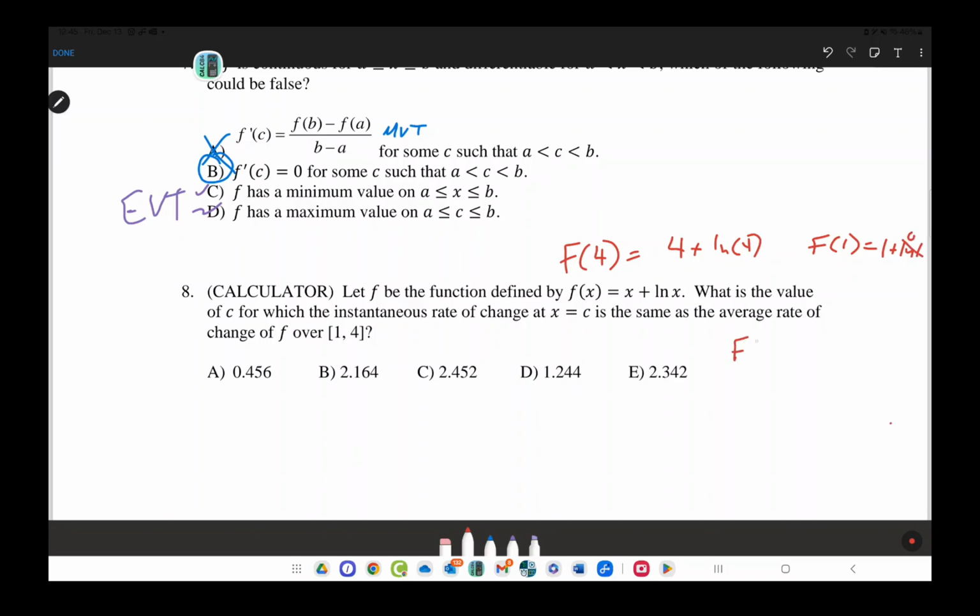So, f of 4 minus f of 1 over 4 minus 1 is 4 plus natural log of 4 minus 1, over 3, which gives you 3 plus natural log of 4 over 3.